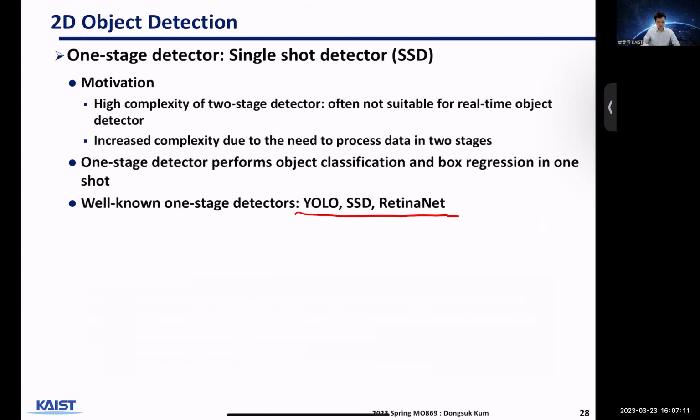So if you look at two-stage detector, it was pretty complex. There's two stages, there's a lot of anchor region proposal, and then refinement. So there's a lot of complexity, and the role of the region proposal and the refinement network seems quite intuitive, but then it's somewhat redundant, and it was slow as well.